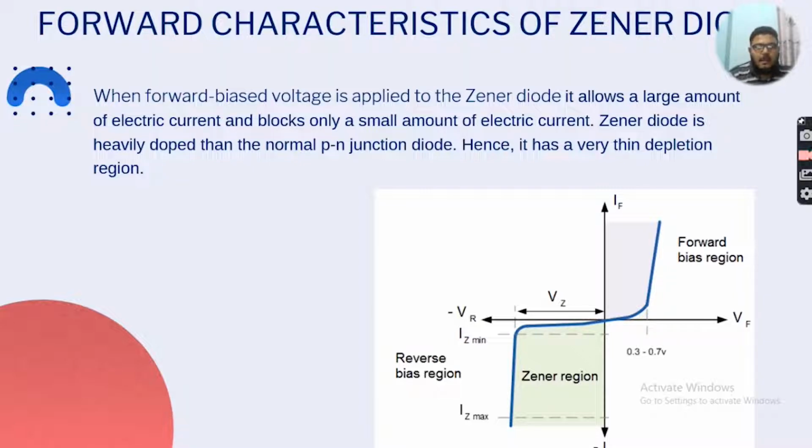Zener diode is more heavily doped than the normal p-n junction diode. They have a bias turn-on voltage of between 0.3 and 0.7 volt. When connected in the reverse mode, there is a small leakage current flow in most applications.